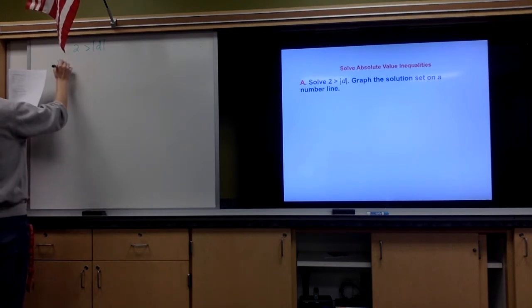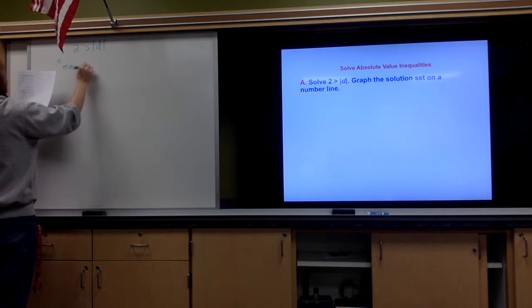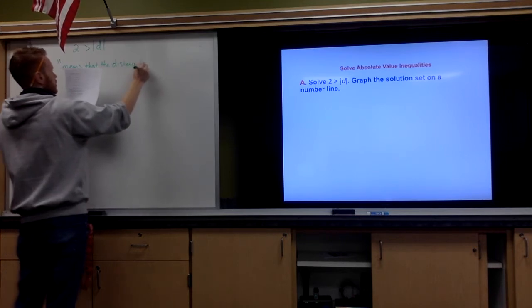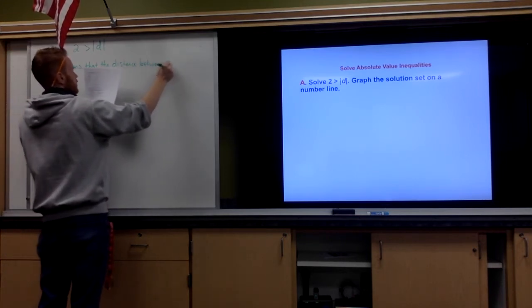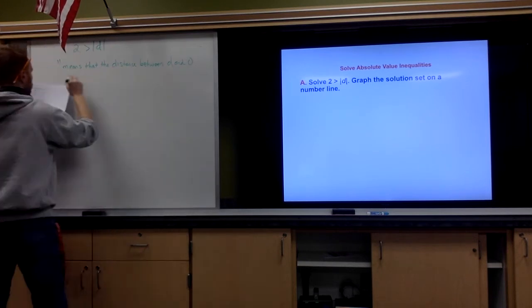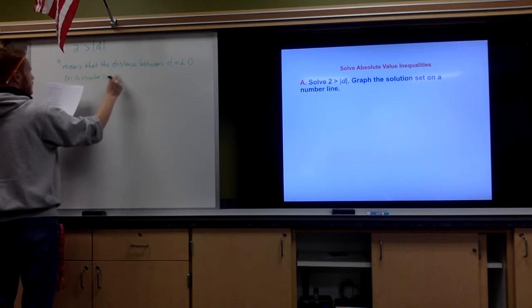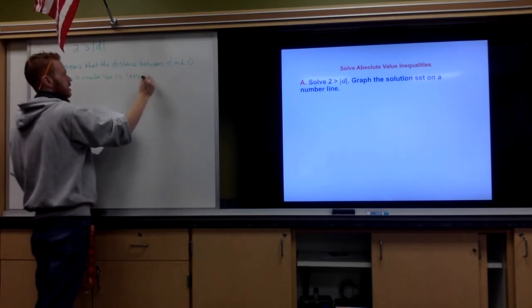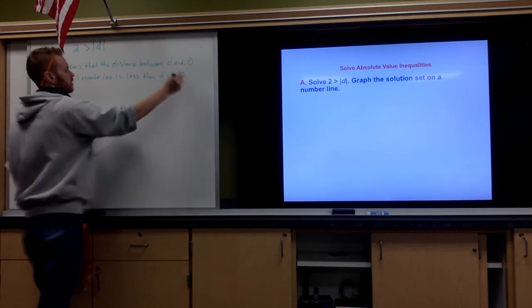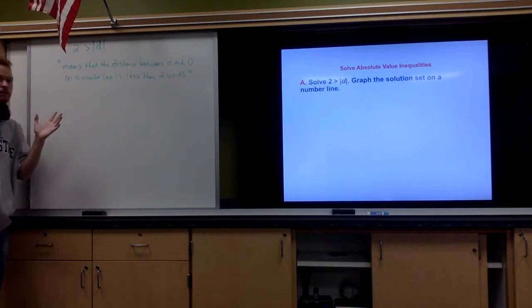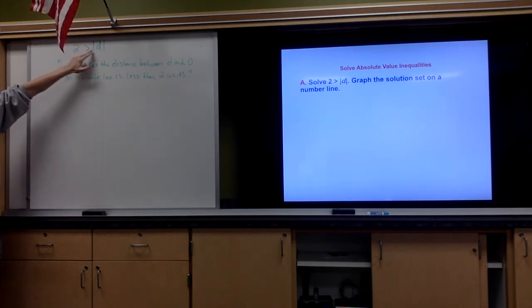So this means that the distance between d and 0 on a number line is less than 2 units. And I highly encourage you to write that in your notes. That's what that inequality statement reads. I'm still calculating distance, but now I'm looking at a range of distances that are less than 2.